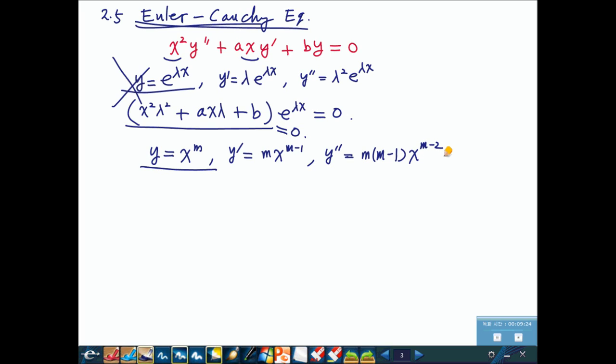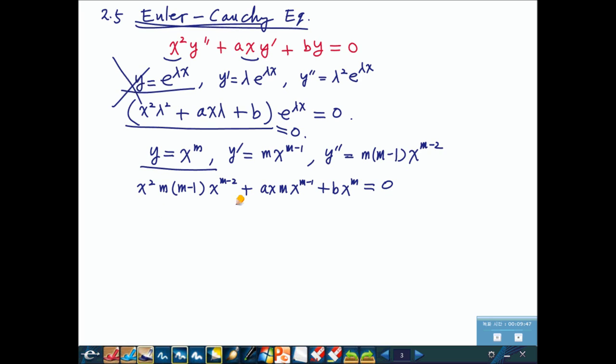Okay? And we substitute it in, right? So x squared m times m minus 1, x to the m minus 2, plus a x m x to the m minus 1, plus b x to the m, and this is equal to 0.